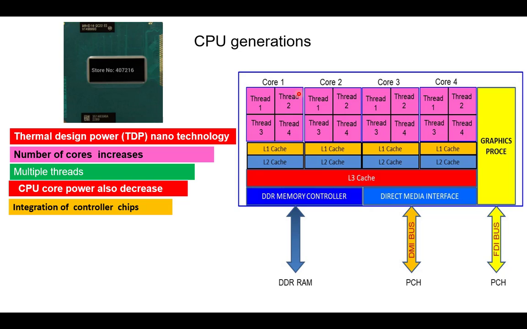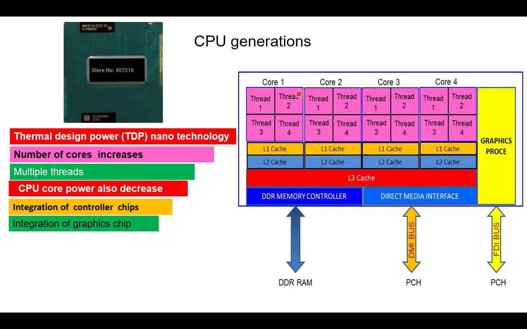But in 2009, the CPU and PCH were also integrated into a single chip. It's called the SoC, that means system on chip. That means the CPU has everything within the chip. So this is called the integration of the CPU. Now what will happen if they are integrated into the CPU is that the performance will be very high. So that is called the integration.